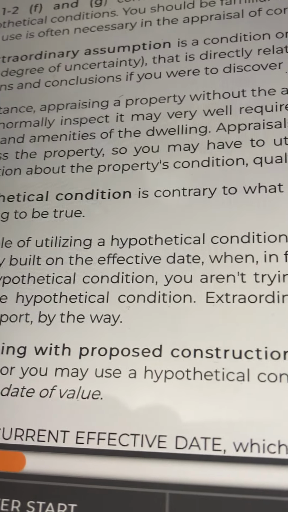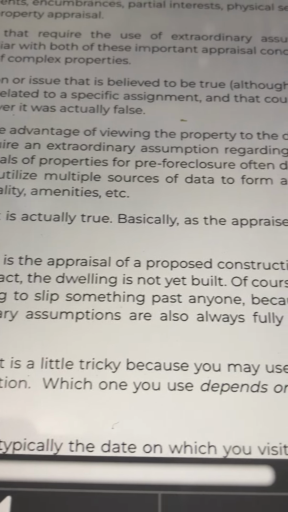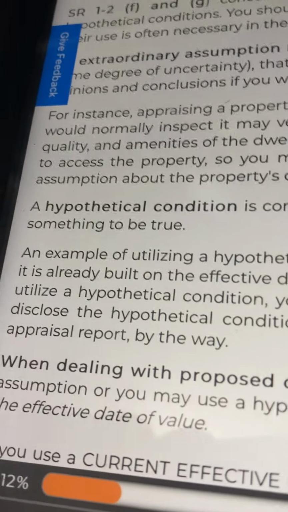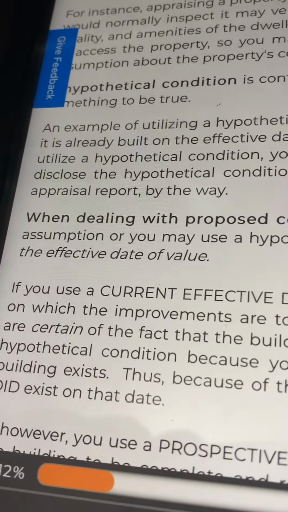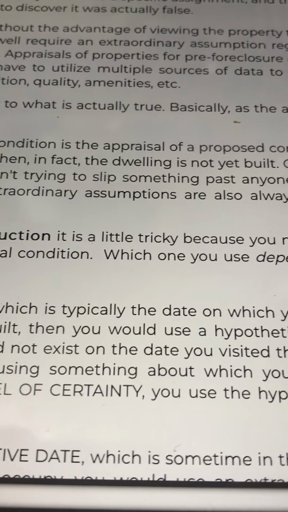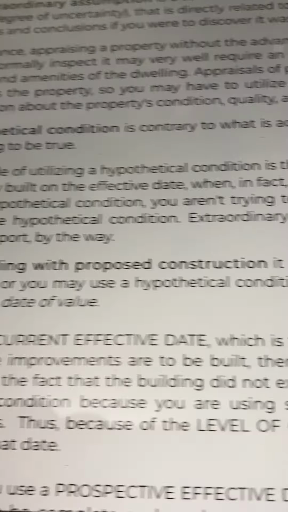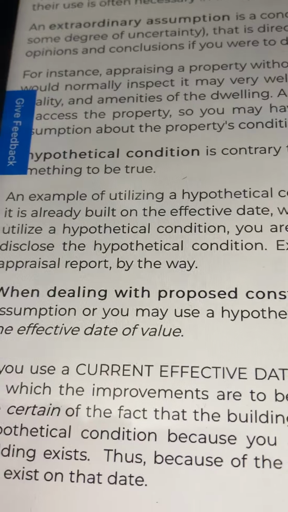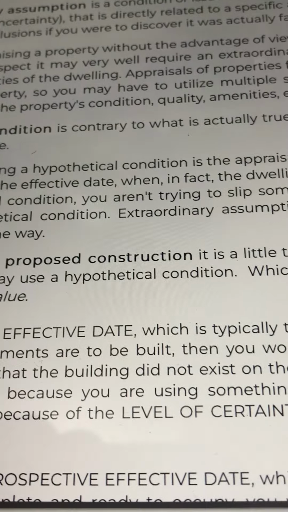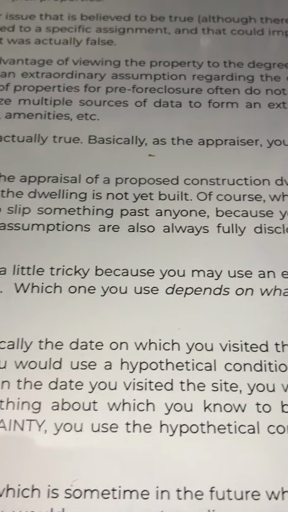A hypothetical condition is contrary to what is actually true. Basically, as the appraiser, you pretend something to be true. An example of utilizing a hypothetical condition is the appraisal of a proposed construction dwelling as if it is already built on the effective date, when in fact the dwelling is not yet built.